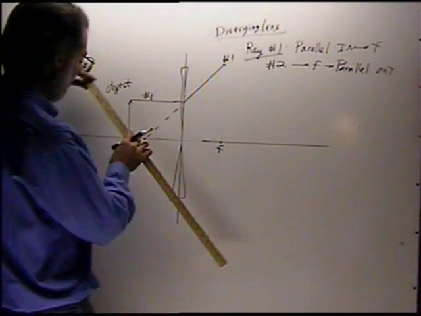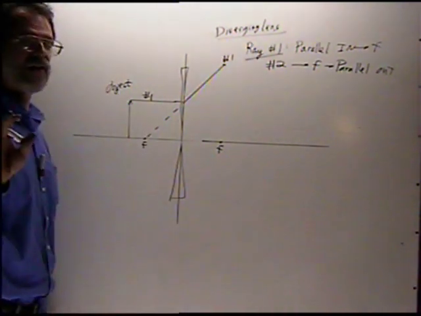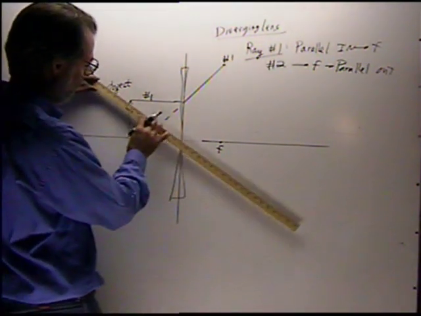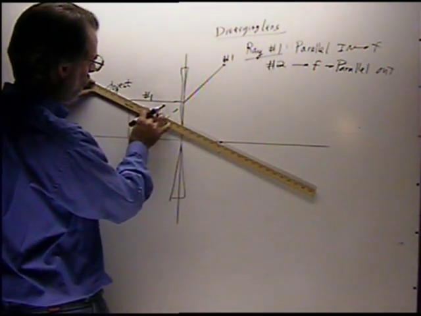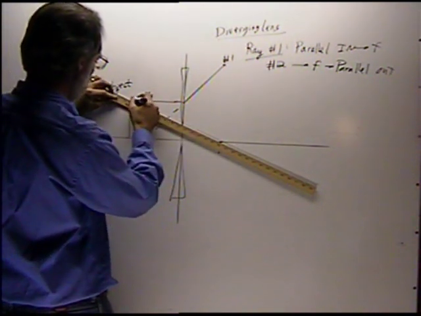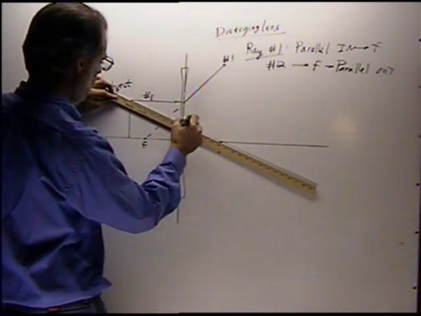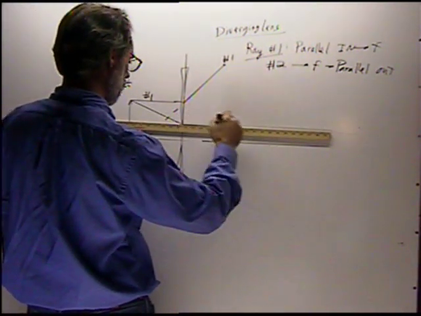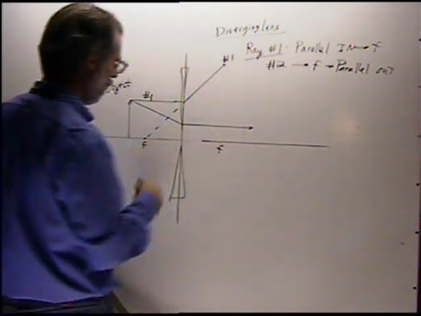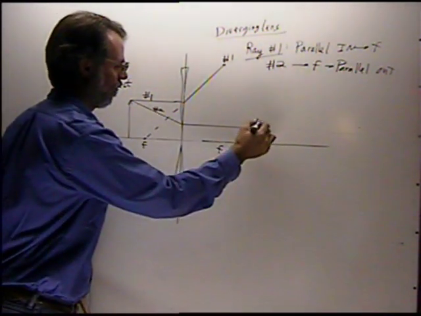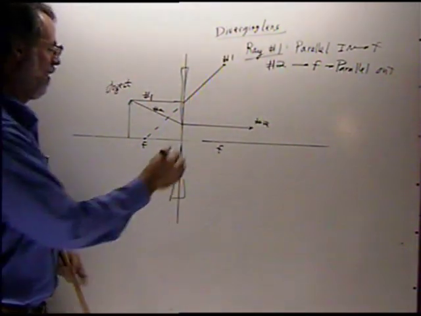Now, in this case, this is where a divergent lens gets a little tricky. We're going to be going through the focal point, but it doesn't really get there, because then it comes parallel out. In other words, this is number 2.